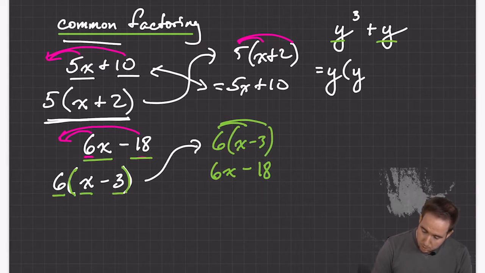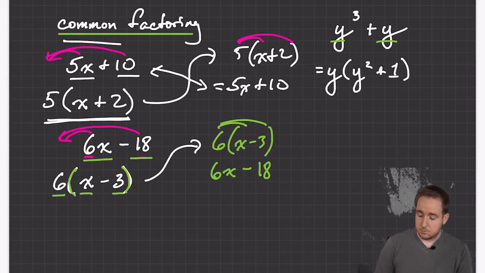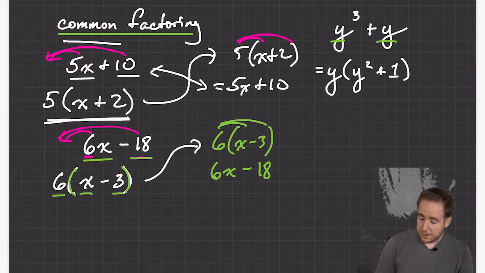This would be y squared. And y take away y, or y divided by y, strictly speaking, is 1. So again, the number of terms stayed the same. What they have in common, you pull out in front of a bracket, and you're left with the same number of terms inside the bracket after you're done.